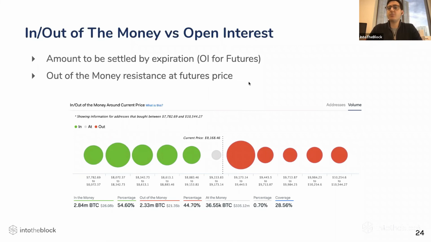And we're trying to compare these two, building a standout indicator that will essentially combine the two to predict the impact that we can expect from prices at the expiration, indicated by the futures price, and taking into account the resistance provided through positions that are out of the money in the blockchain.